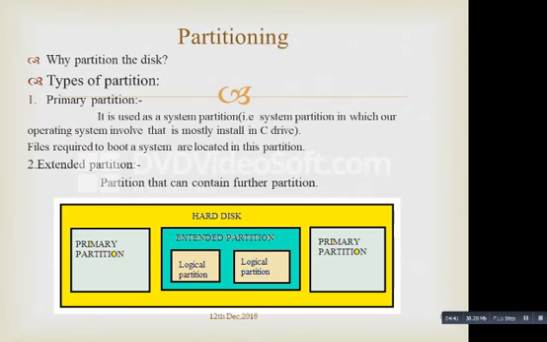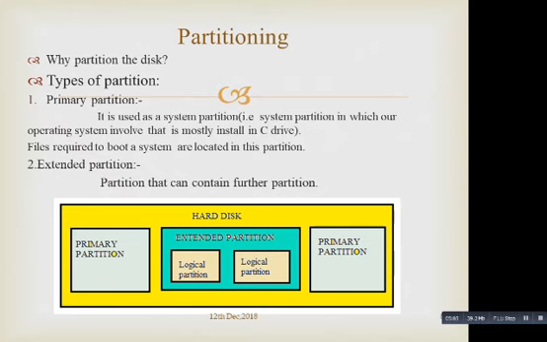So in the diagram here, we have a hard disk that is divided into three partitions. Two are primary partitions and one is an extended partition. The primary partitions can't be further categorized. And the extended partition is further divided into two logical partitions.